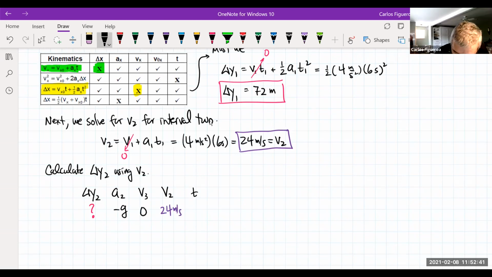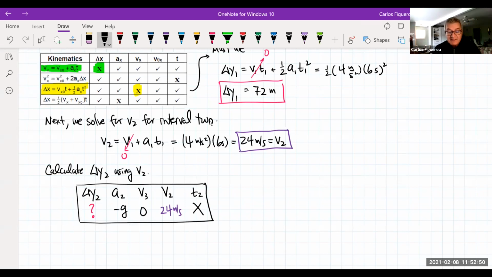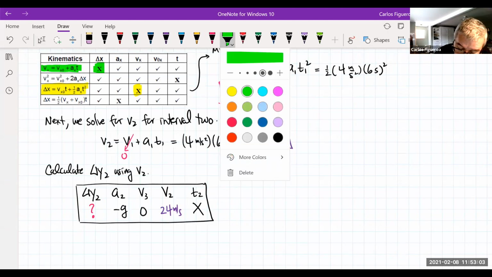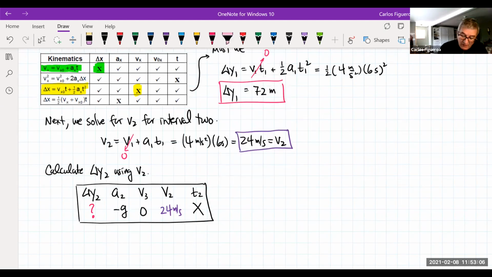When I look at the time for that second interval, we don't know what that is. So you could see from the kinematics table, we don't know the time, which tells us there's only one equation. Let me change this to a different color. How about this pink here? Look at this. I don't know t. So that means I must use this equation. So let's go use that.